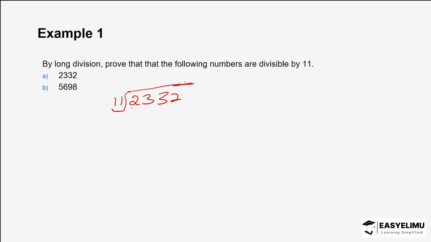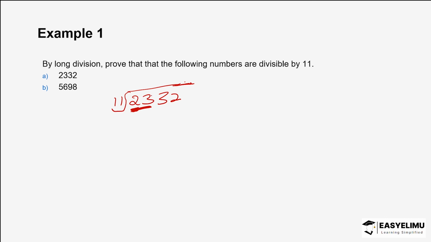You check whether 11 can go into 2, and you realize 2 is smaller. So I'll go for the first 2 digits. If the first digit is smaller than the divisor, you go for the first 2. If the first 2 is still smaller, you can proceed with the number formed by the first 3. In this case I'm going to use the first 2, which is 23.